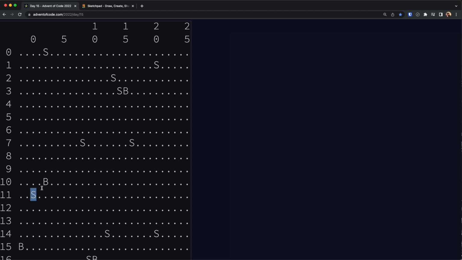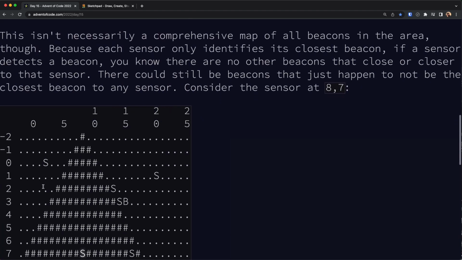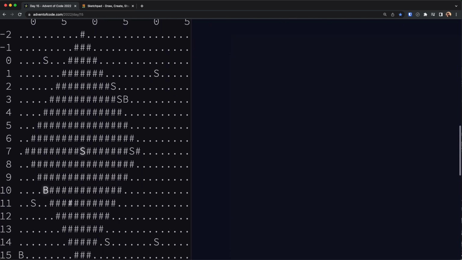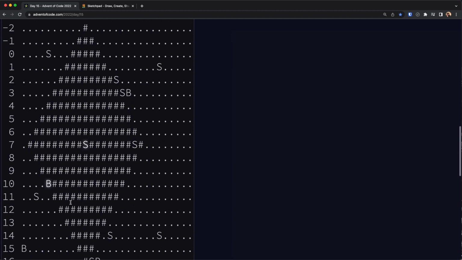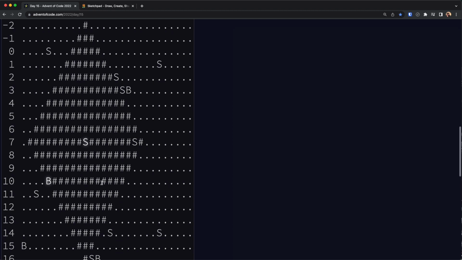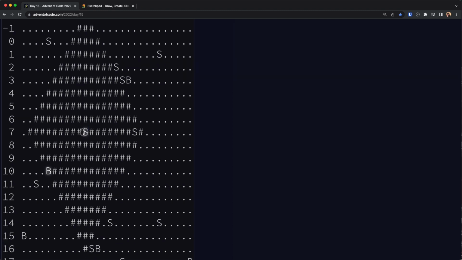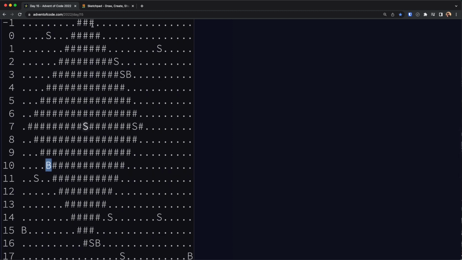Each sensor and beacon pair will form a shape like this that no other beacon can exist inside or around. So for example, if we have this sensor which is mapped to this beacon like this, there will be no other beacon inside this area or around the edges of this area.